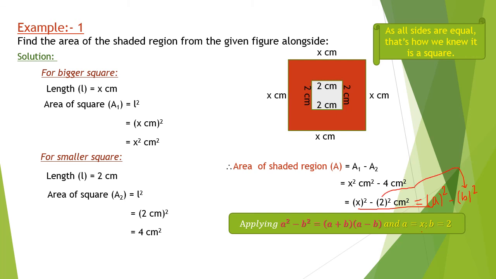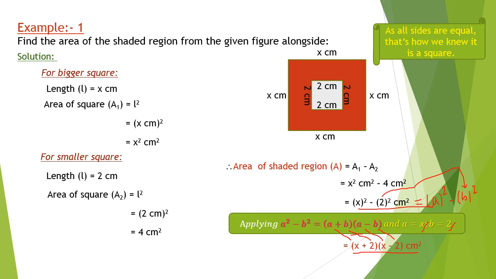Now let's replace it. A is x, B is 2. And then it's our answer. Now the area of the shaded region is x plus 2 times x minus 2.